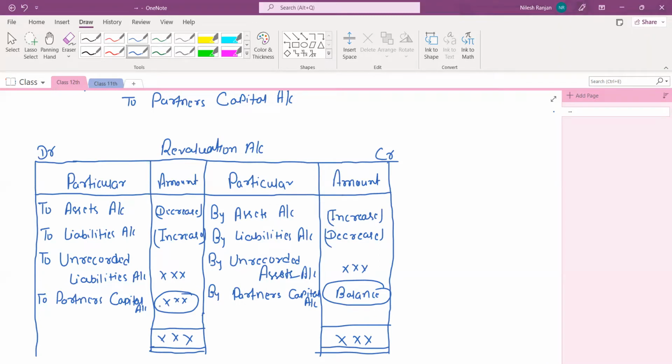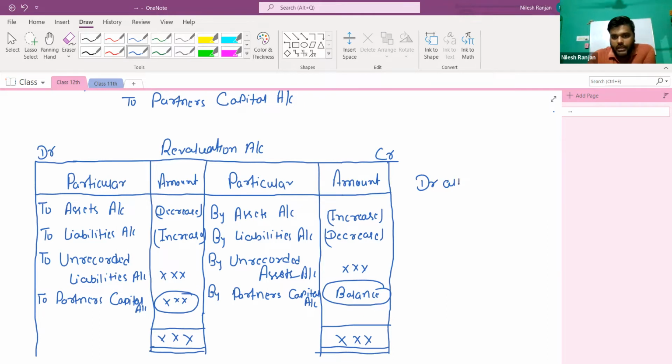The assets by asset account on the credit side you wrote increase, and on the debit side you wrote decrease. Yes. Actually, I told you the revaluation account is a nominal account. So the rule is: debit all expenses and losses, and credit all income and gains. So you can see if there is any decrease in the value of assets, it will be a loss for us.